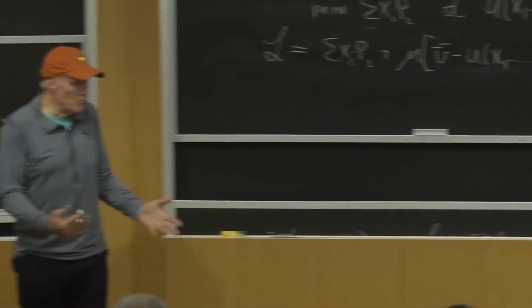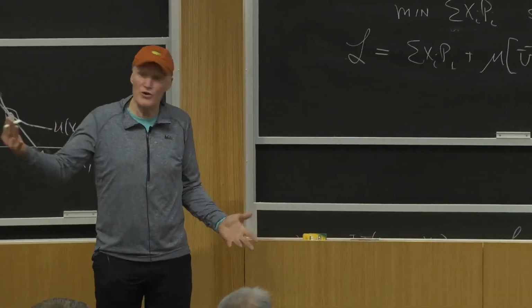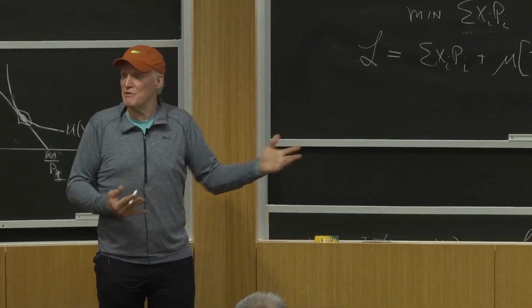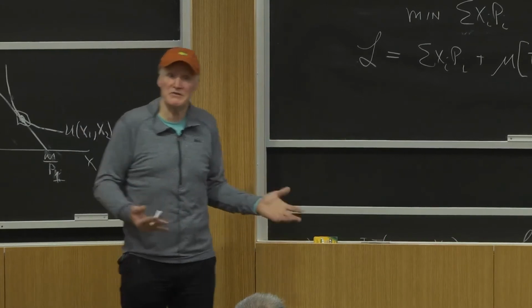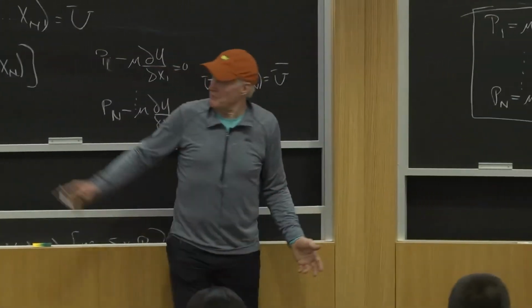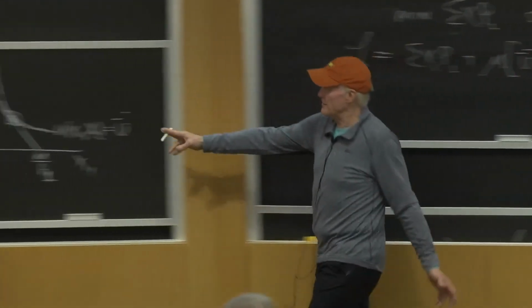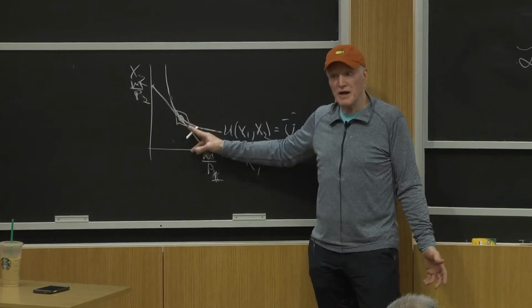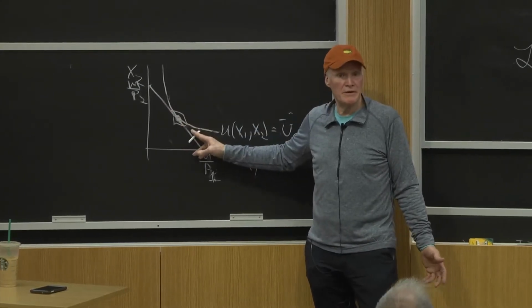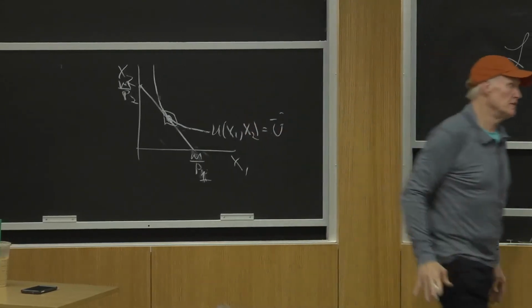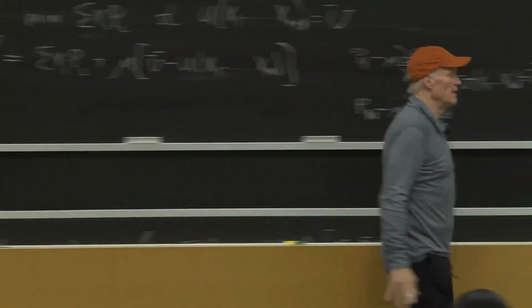For the same reason, right? If I got more utility per dollar on one good than another, then I should shift my dollars to the one that gives me more utility per dollar. It's the same question. It's not even a different question. And that's why both of them are characterized by this tangency, where there's the same slope between the budget line and the indifference curve. Everybody understands that, right? It's the same equations.